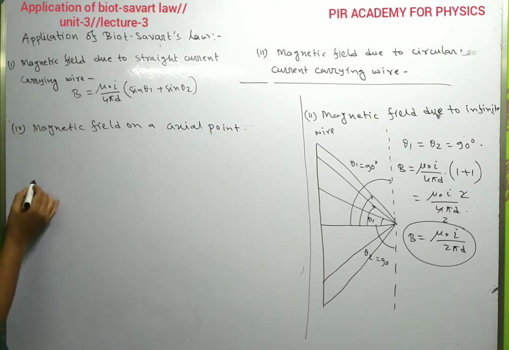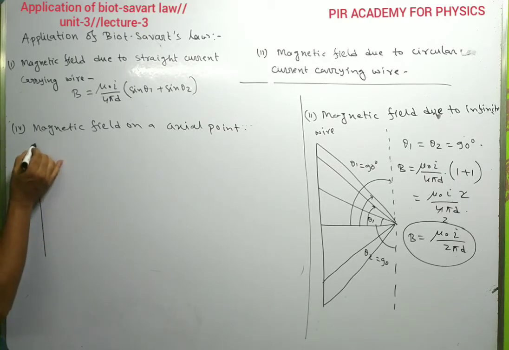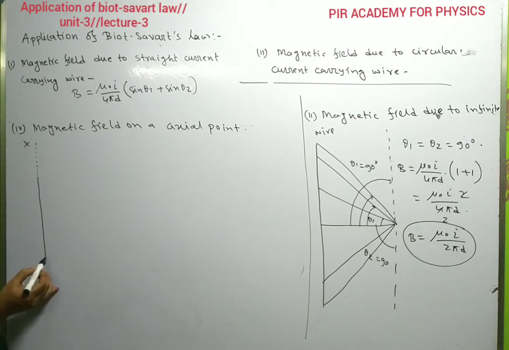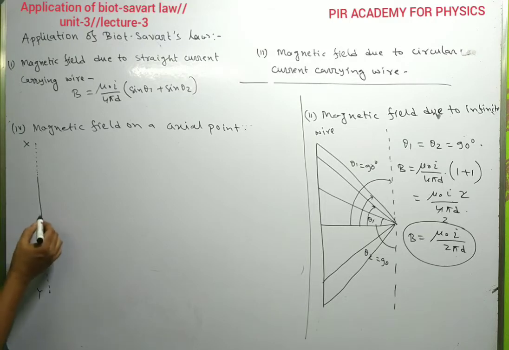So suppose this is a wire. If you want to calculate the magnetic field on the axis of this wire, this is point X, and suppose this is point Y. So if you want to calculate the magnetic field on X or on Y, how to calculate?